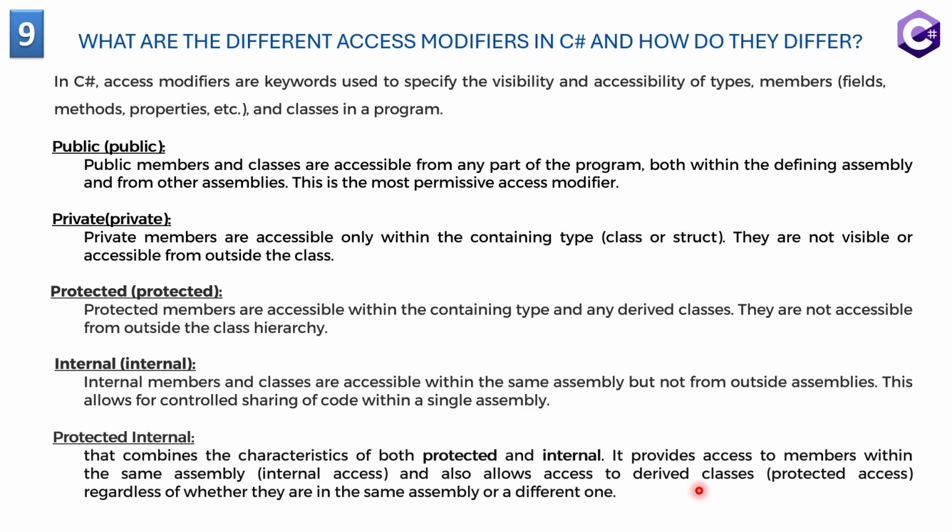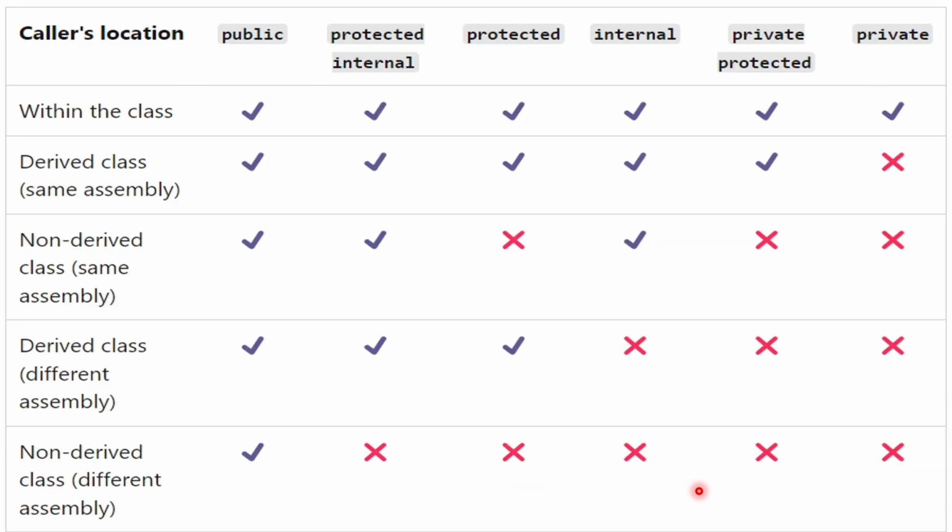I have taken a table that shows the public, protected, internal, and all the other accesses. When we talk about within the class, all of the members are accessible. When we talk about a derived class in the same assembly, private is not accessible.